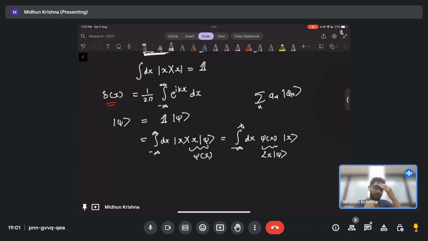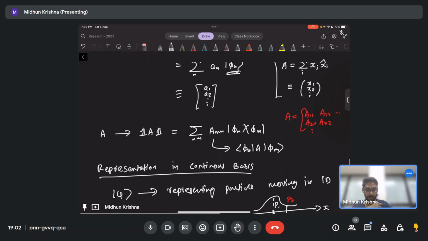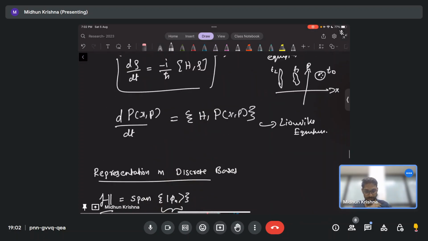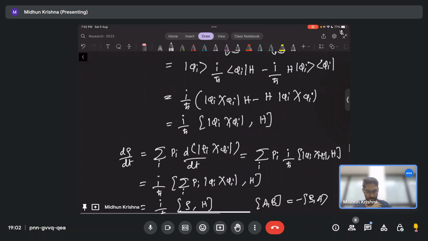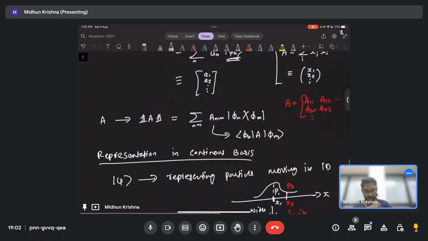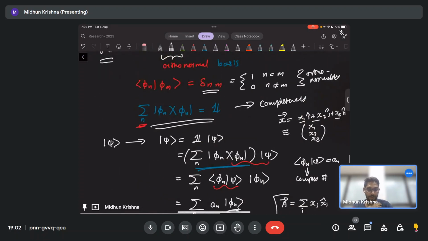Now, when you talk about a particle in a harmonic oscillator, the wave function, which is a function of x, is basically this quantity, the coefficients. Let me go back to the example that we had. If I tell you what x1, x2, x3 is, that's equivalent to specifying the position of the particle.